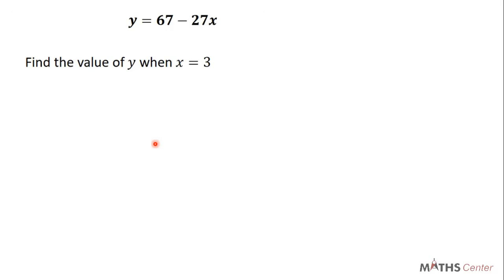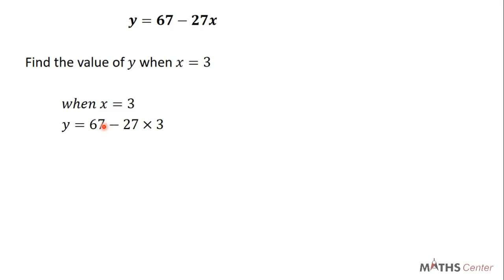The question said that we should find the value of y when x is equal to 3. We have this equation here as y is equal to 67 minus 27x. So we can replace x with 3. That will help us to find the value of y when x is 3. If we do that, we are going to have y is equal to 67 minus 27 times x, but x is now 3.